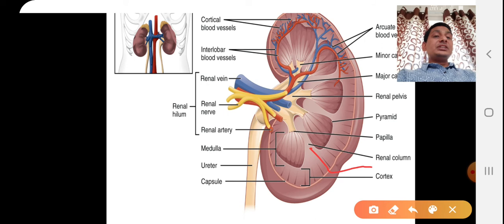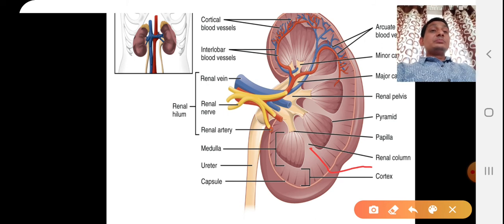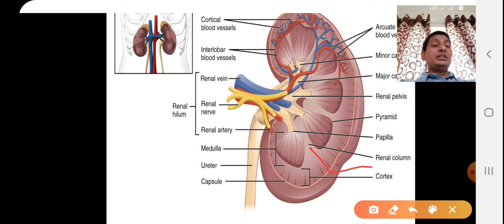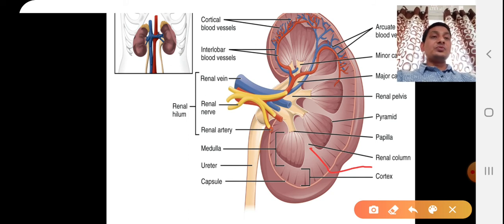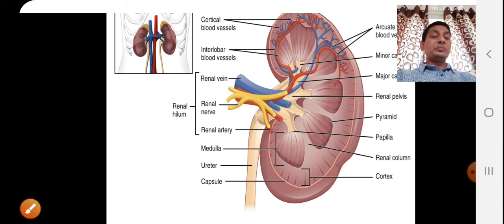Histologically, the kidney is made up of 1 to 3 million uriniferous tubules, and it contains two parts. One is the secretory part, which forms the urine, called the nephron, which is the functional unit of the kidney.